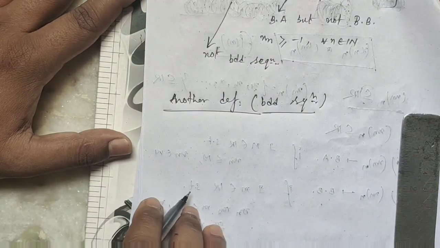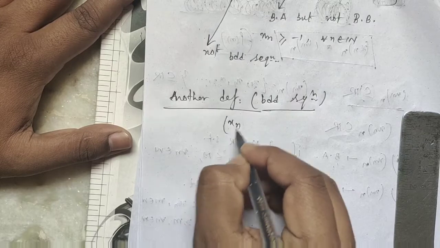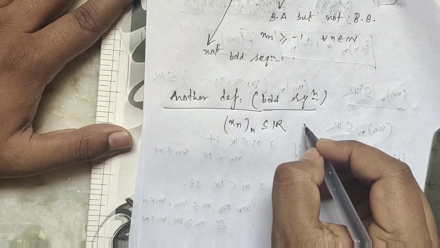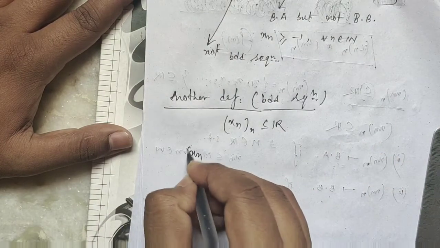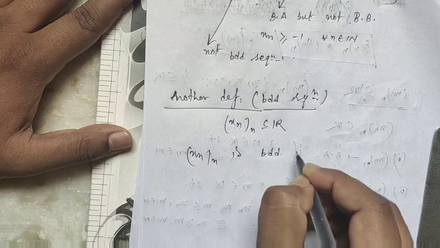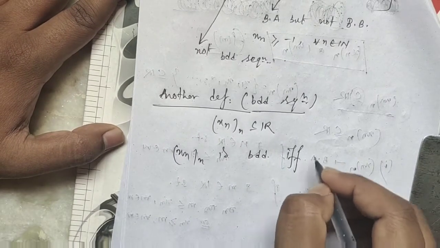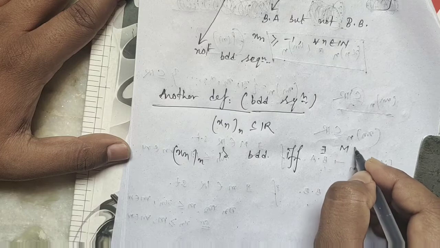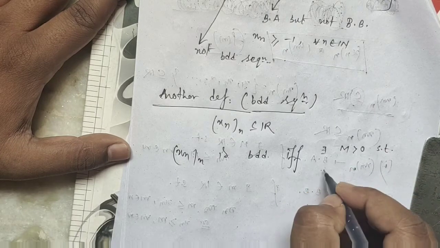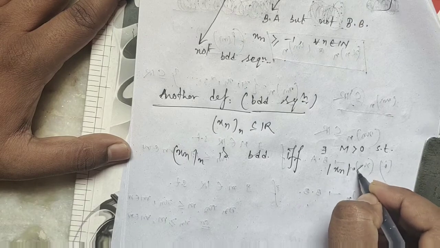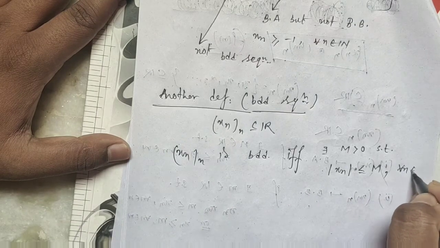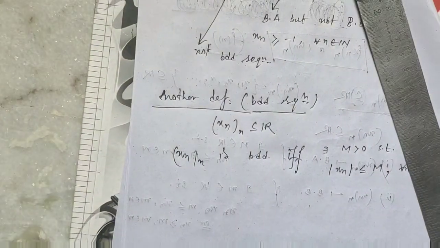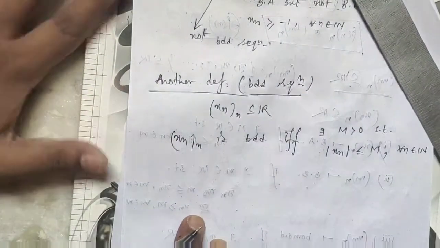Let xn be a sequence in R. Then xn is bounded if and only if there exists m greater than 0 such that mod of xn is less than or equal to m for all n belongs to natural numbers. This is another definition of a bounded sequence.